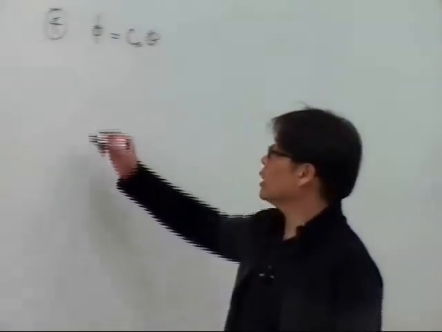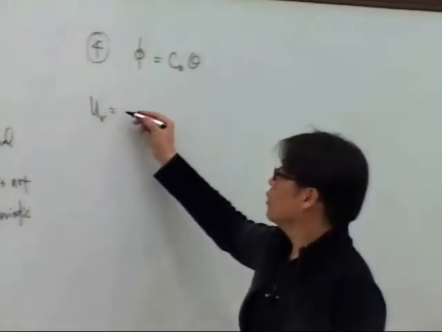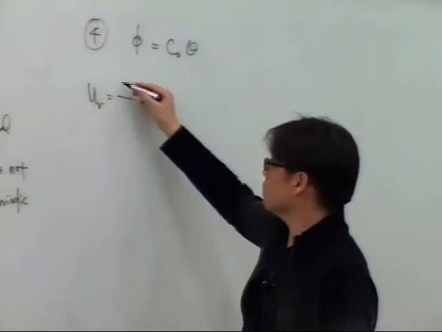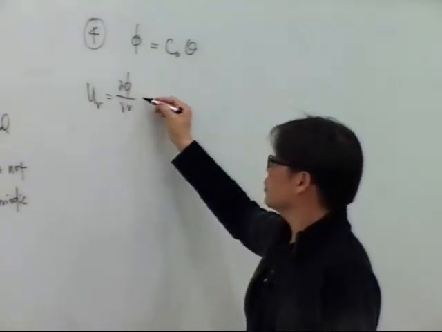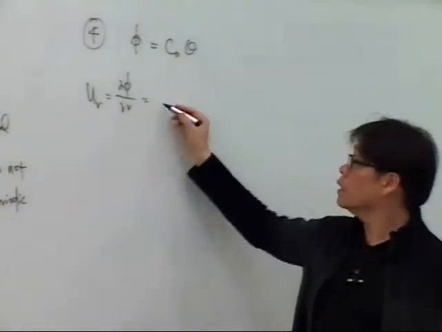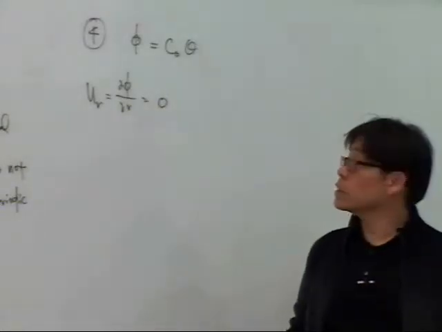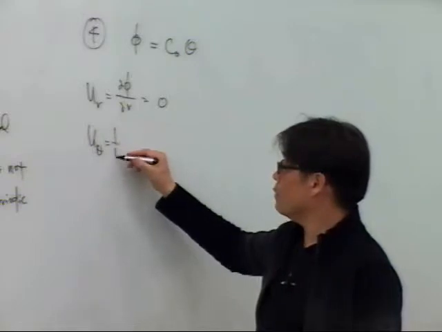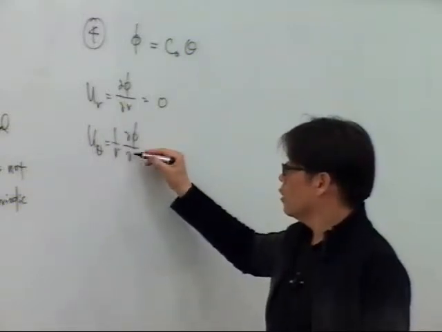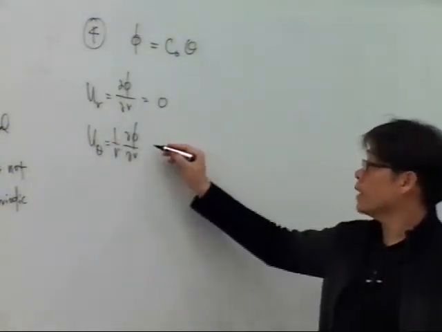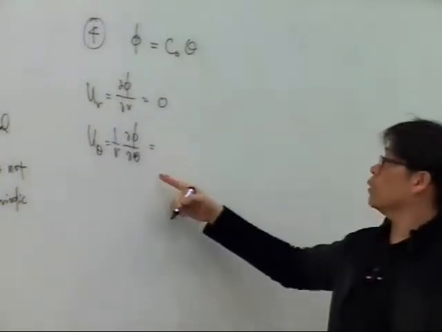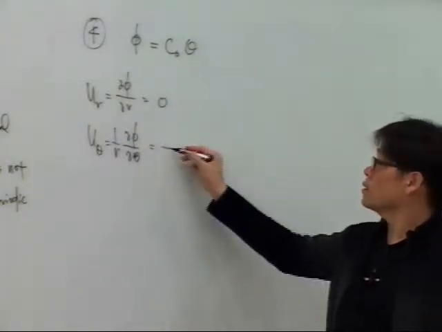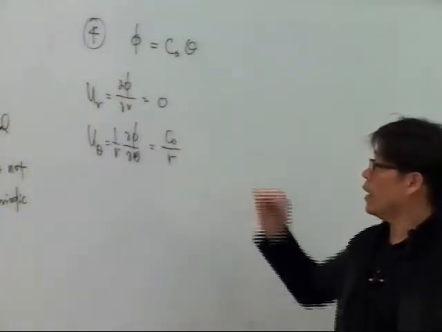So what we have to look at is velocity, which is the radial velocity and the tangential velocity. The radial velocity doesn't depend on r, so this is 0. But when you take a theta derivative and divide by r, I end up with C naught divided by r.